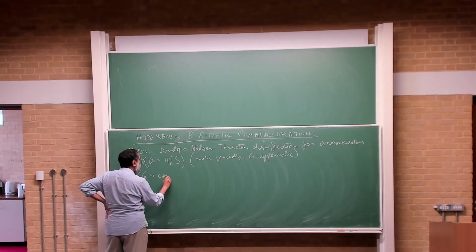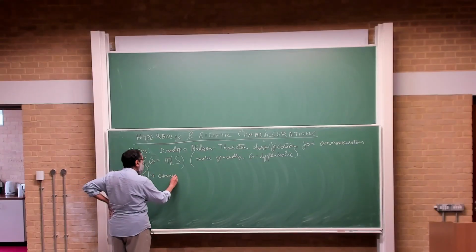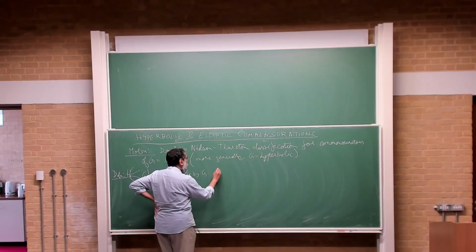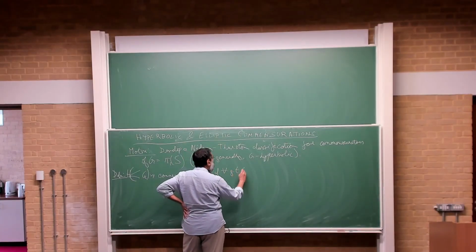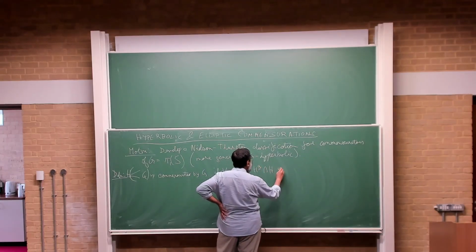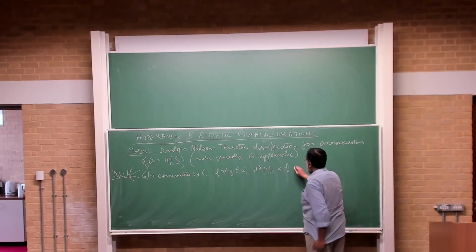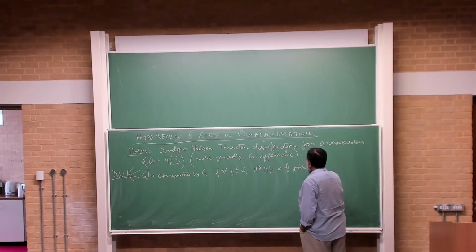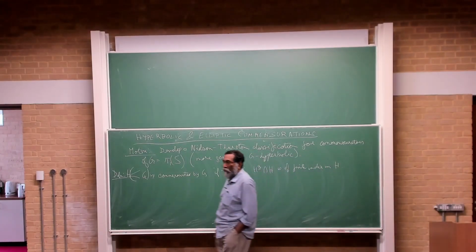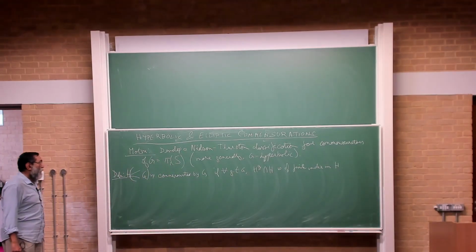H is commensurated by the ambient group G if for all g belonging to the bigger group, the intersection of the conjugate of H with H is of finite index in H. And this is true for all elements of G.